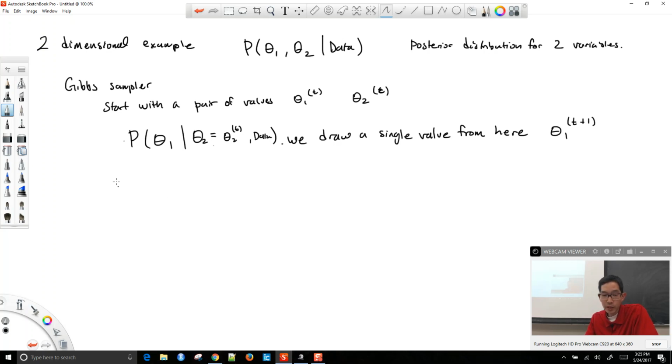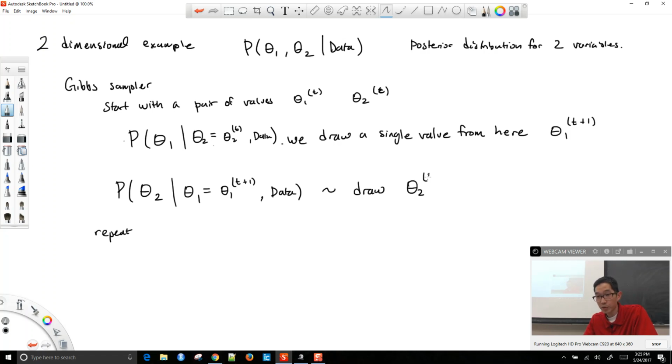And then we get the other conditional, and we take theta 2 given theta 1, and we set theta 1 equal to theta 1 at time t plus 1, whatever value we drew from here. We condition on that, and we get this, and then we just repeat. And then we draw theta 2 at time t plus 1 here. And then we go back and forth, and we get theta 1 given theta 2 equal to this new value.